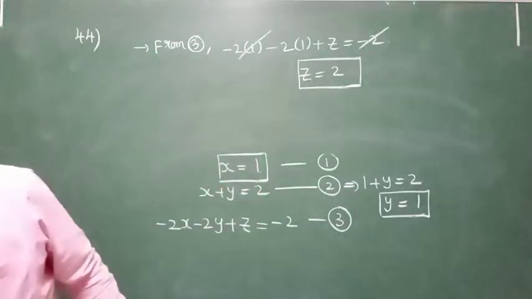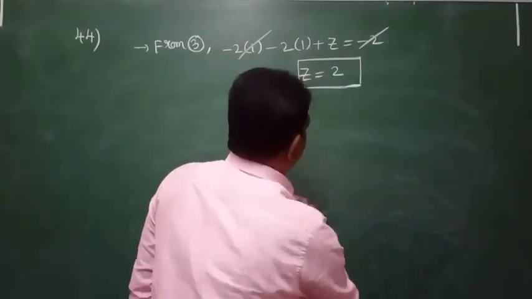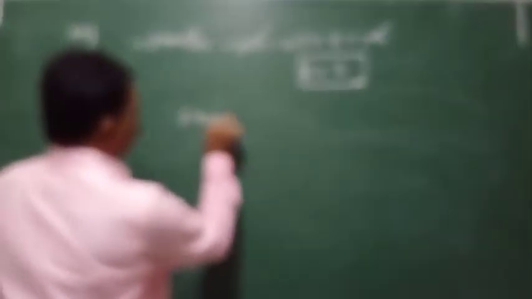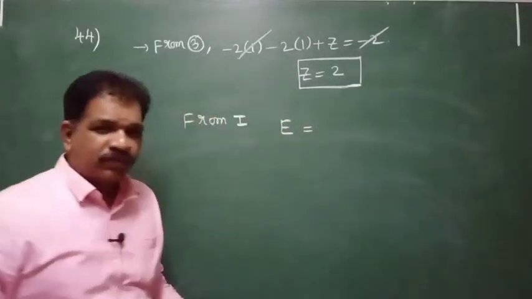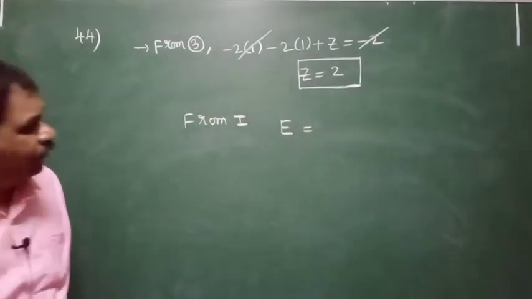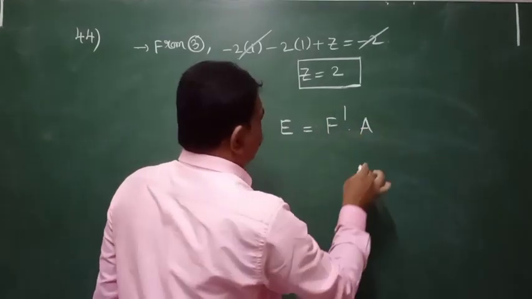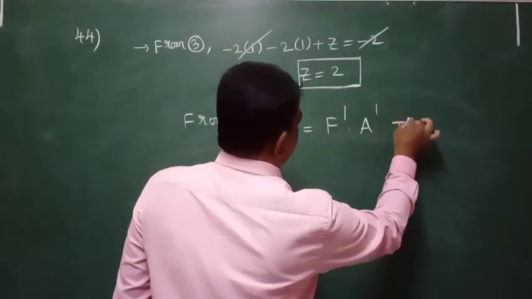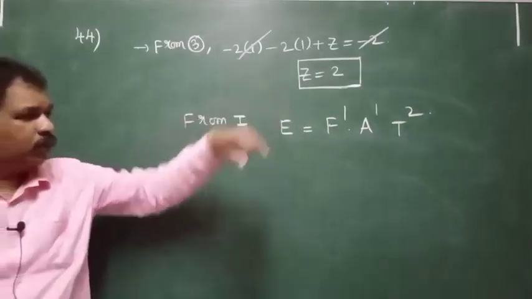Substitute in equation 1. So what will we get here? From 1, E is equal to F power x, na. F power x means F power 1. Next, acceleration A power 1. Next, T power z means T power 2.